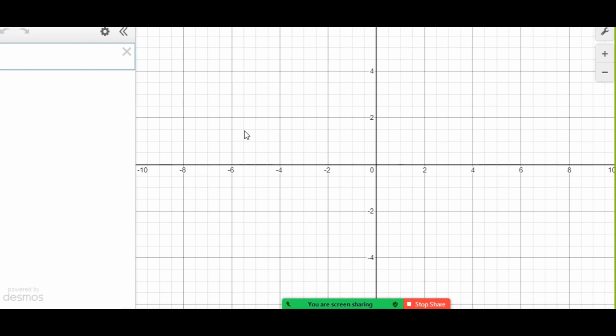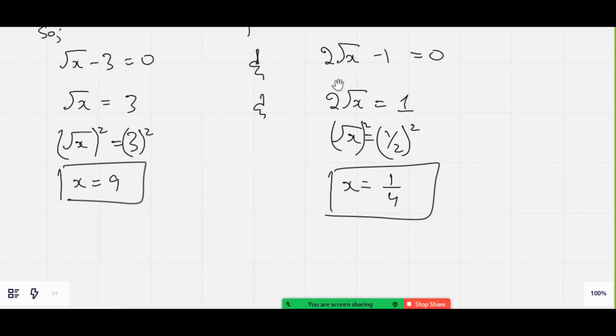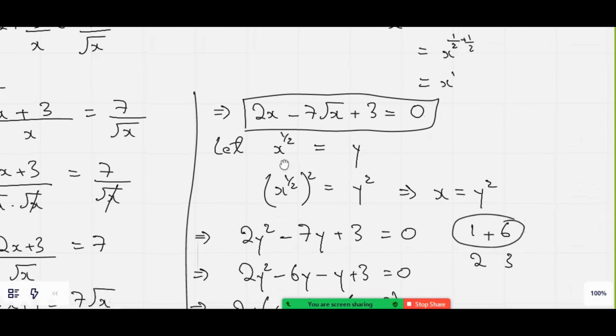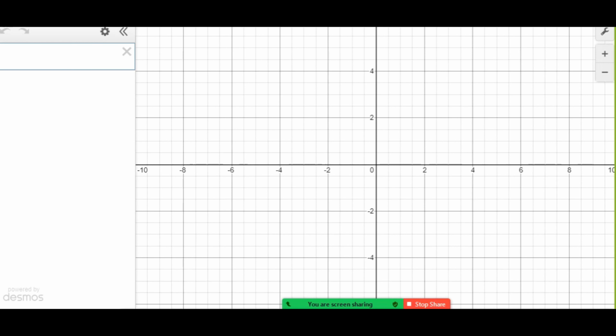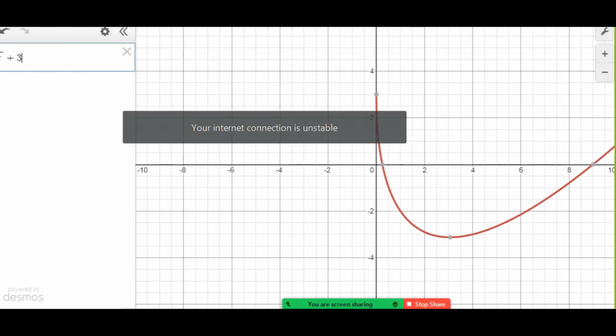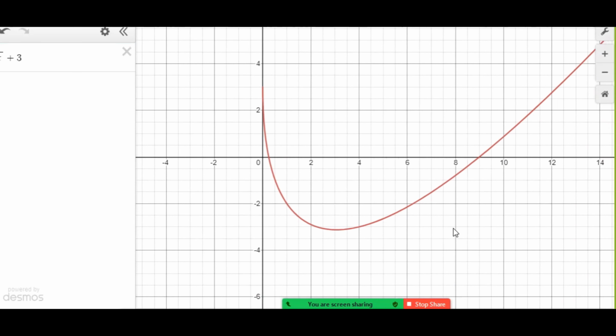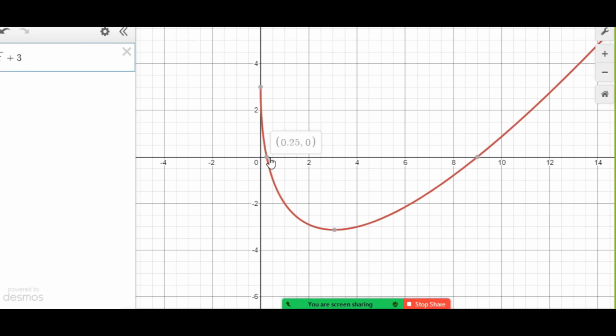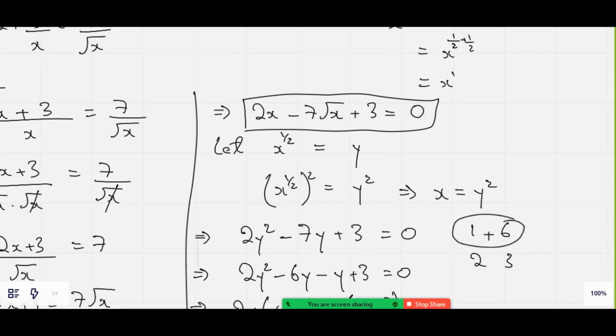Once we plot this equation to see its roots, y equals 2x minus 7 under root x plus 3. So you can notice here, this is 1 point, which is 0.25, which is 1 upon 4, and this is your 9. That's what we were having here.